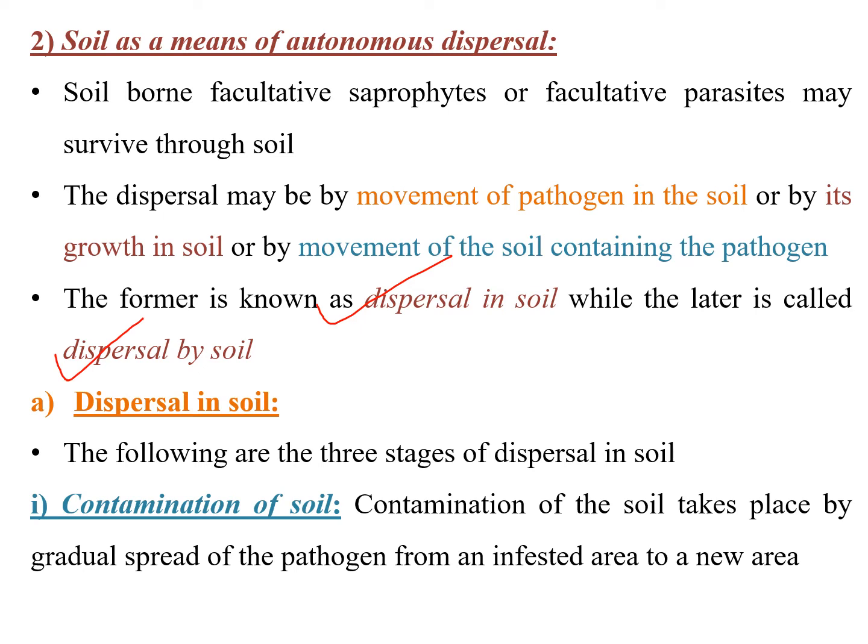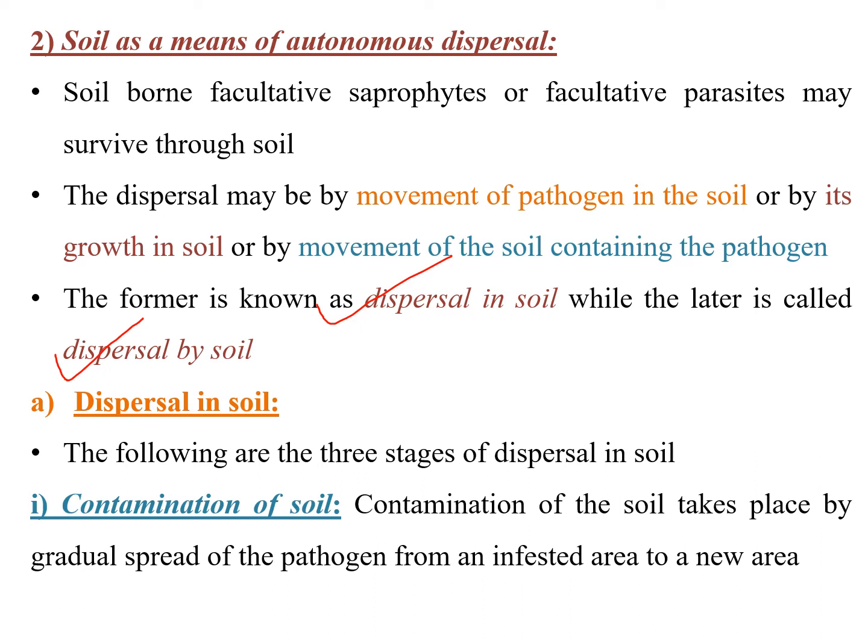If the pathogen is moving in the soil, that is known as dispersal in the soil, or movement of the soil containing the pathogen through different agents, that is dispersal by the soil.